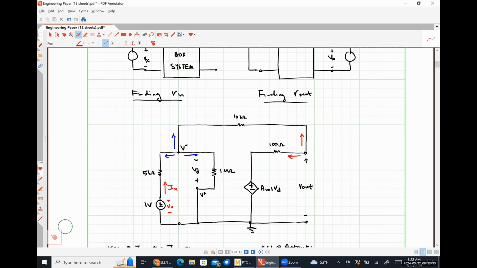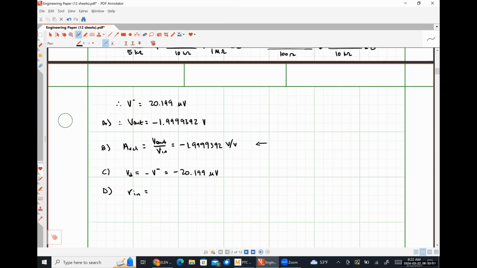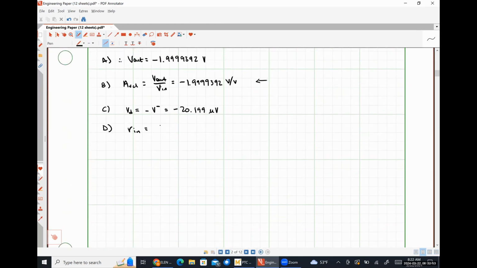We have enough information to find that current pretty easily, because we can just use good old Ohm's law. Ix is just 1 volt minus V minus divided by 5 kiloohms. So this is going to be Vx over Ix.